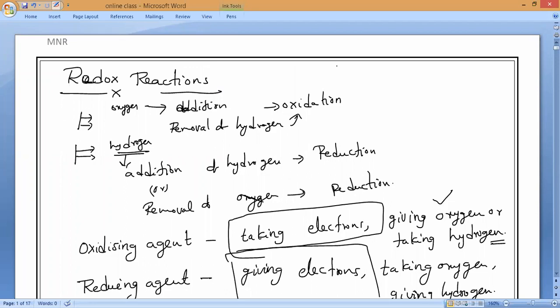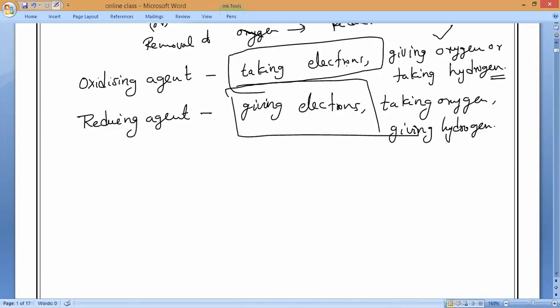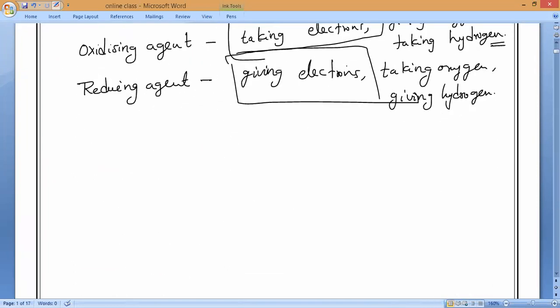These are other definitions, and for that we need the electronic concept of redox reactions. That is the basic thing we should understand first.